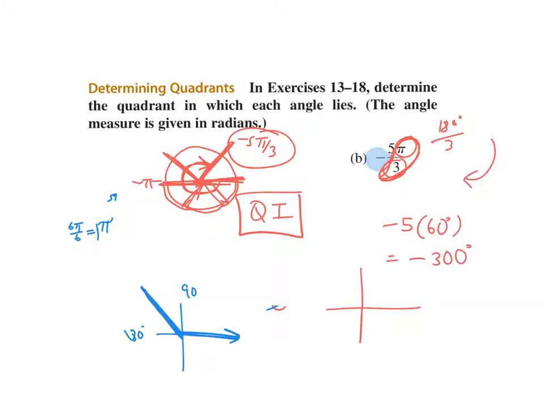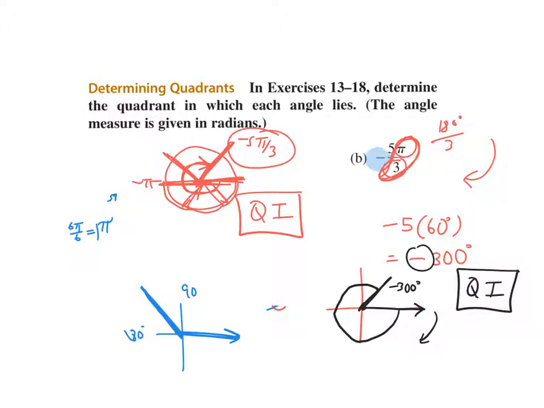And then again, you have to place that, so that's standard position. We're going the negative angular rotation, so we have to go clockwise. We're going negative 90, 180, 270, negative 300 would place us in quadrant 1.